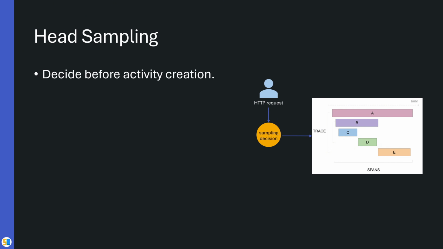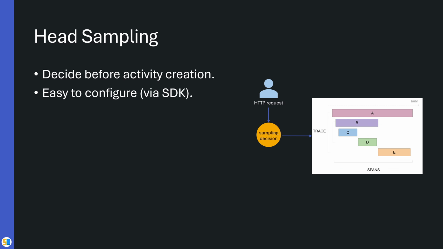Head sampling is a sampling technique that decides whether to sample or not before activity creation. So before producing the trace, before producing the span, the sampling decision will be made.